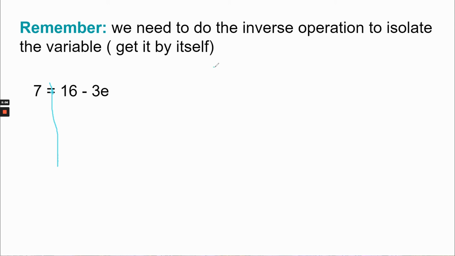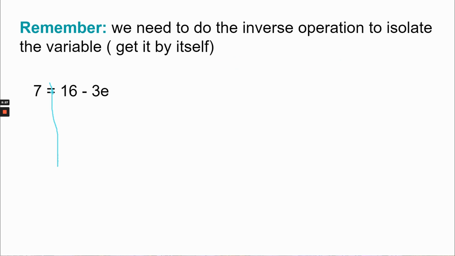For example, if I have -7, it looks like this. If I have +8, I can write 8, or I could write +8. Those are all different ways of showing positive and negative numbers. And it always comes in front of our number.